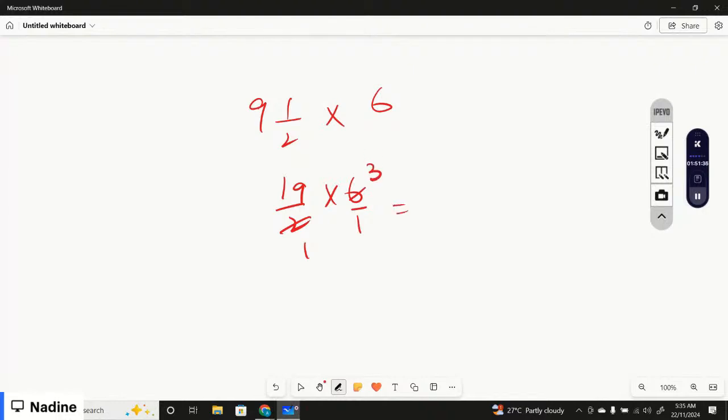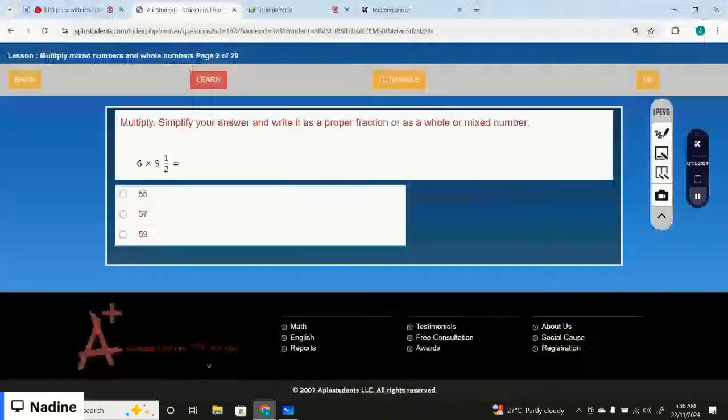Just do 19 times 3. 3 times 9 is 27, and 57. The correct option is 57. Option number 2 is the correct option.